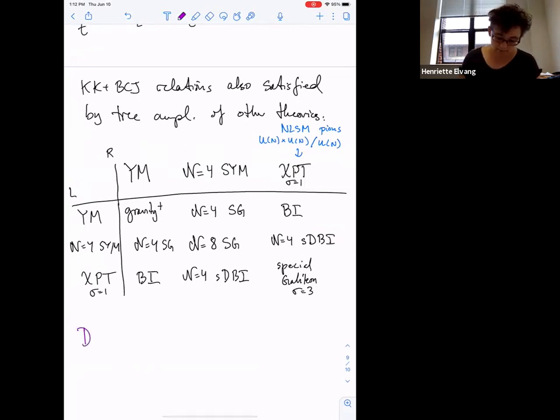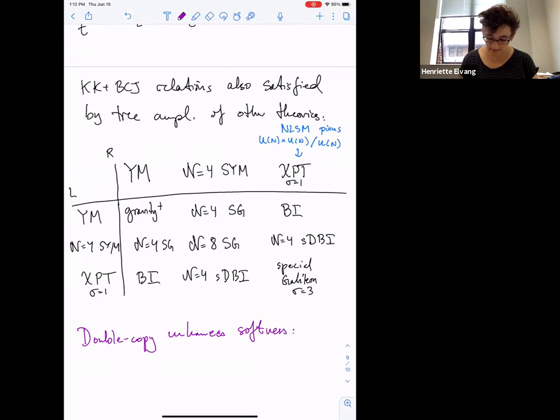So the double copy enhances softness, in the sense that the soft limit sigma that we talked about in lecture 1, how the amplitude behaves in the soft limit of a single particle, in the double copy is going to be whatever it is for the left plus what it is for the right plus 1. And this is consistent throughout this map. For example, in Yang-Mills, we saw that the amplitudes behave with a softness that is divergent.